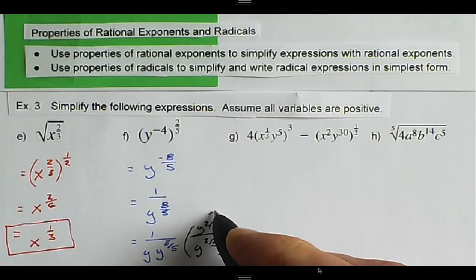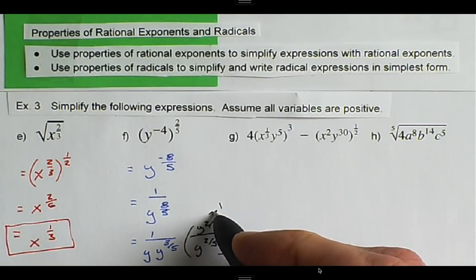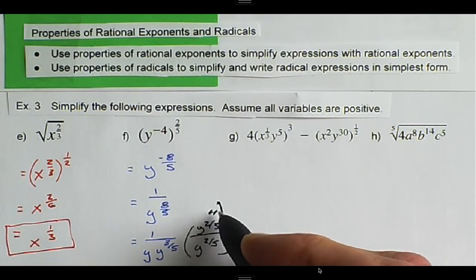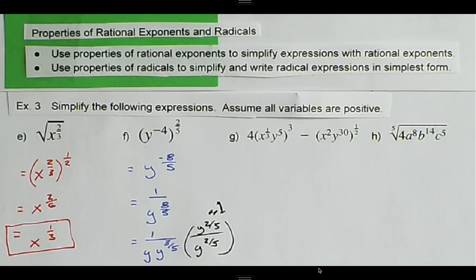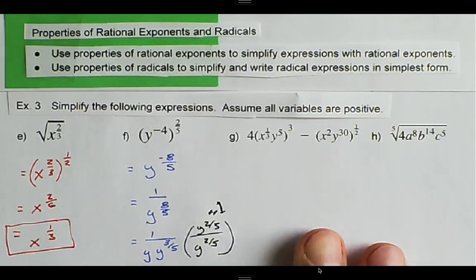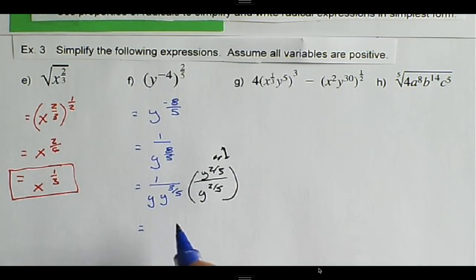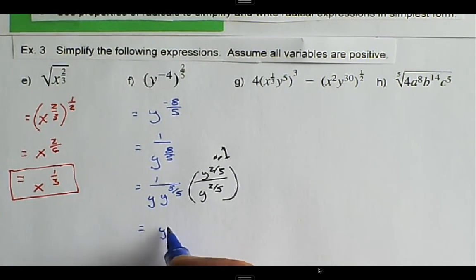Again, this is equal to 1, so it's not going to change the value. In the numerator, we multiply across, and what we get is y to the 2/5.